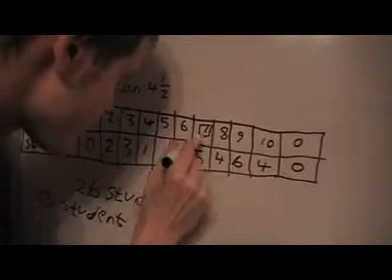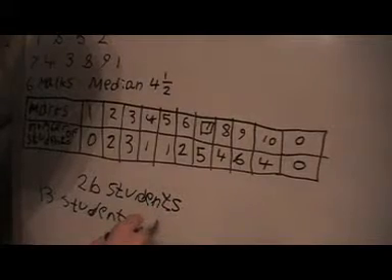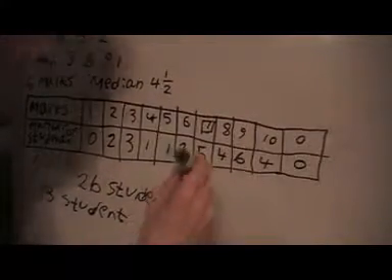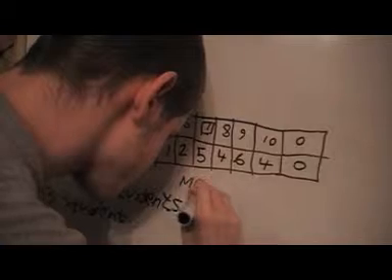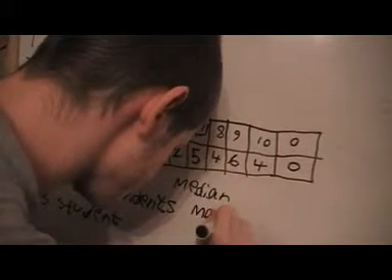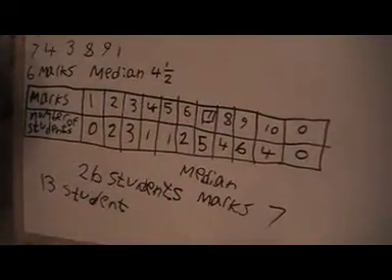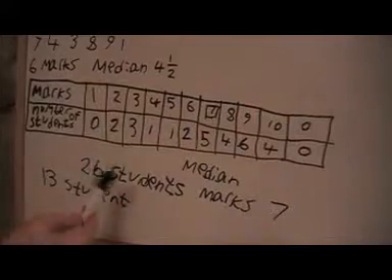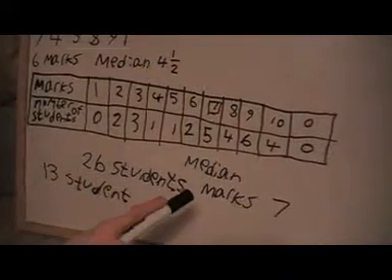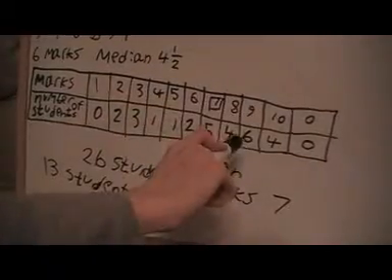So the median number of marks would be 7. Hopefully that makes sense about that last part there. Sorry about the little mistake adding these numbers up.